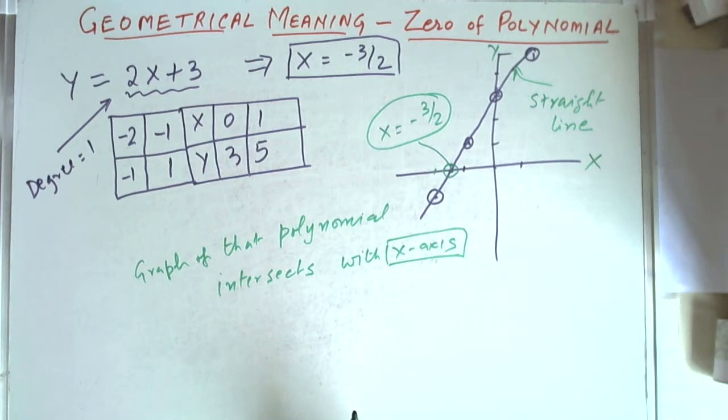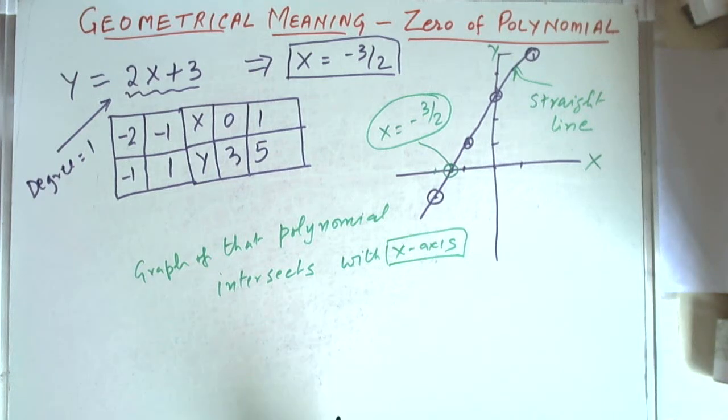Zero of the polynomial is a very useful concept for solving equations, and that we will see in subsequent videos. But what we have learned in this video is the geometrical meaning of zero of the polynomial.